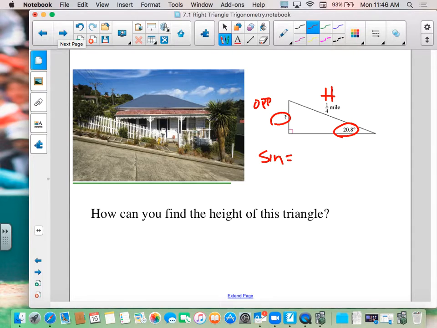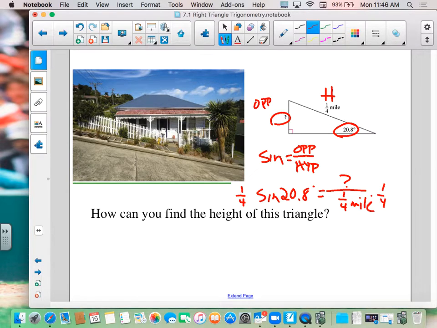Sine would be opposite over hypotenuse. So I could say the sine of 20.8 degrees equals my question mark over a quarter mile. So my answer is going to be in miles. If you multiply both sides by 1/4, you're going to get your answer to your question mark.